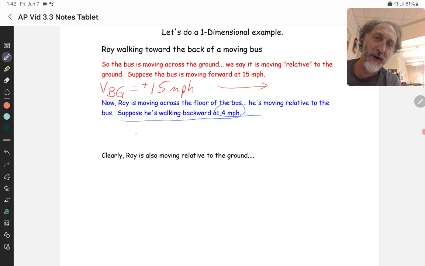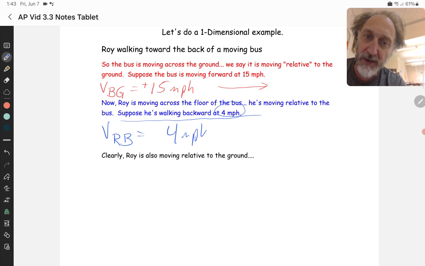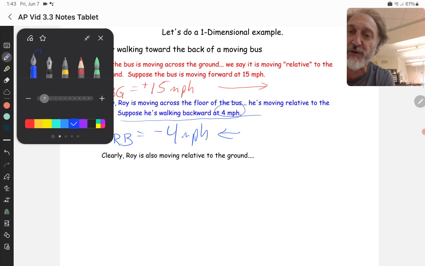That is the velocity of Roy relative to the bus, but it's 4 miles per hour negative because he's going towards the back of the bus. These arrows are not to scale. Maybe I should fix that. There we go. So the question then is, what is Roy's velocity relative to the ground?